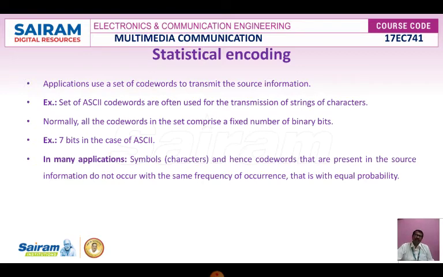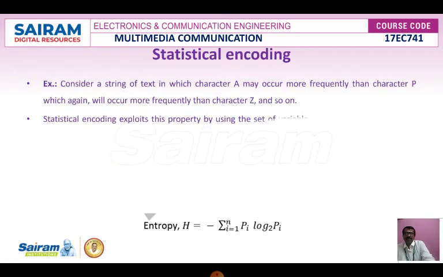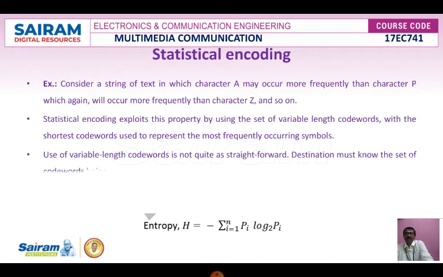In many applications, however, the symbols and code words present in the source information do not occur with the same frequency, that is, with equal probability. For example, in a string of text, the character A may occur more frequently than P, which will occur more frequently than Z.